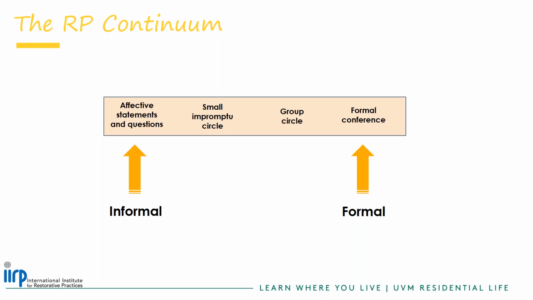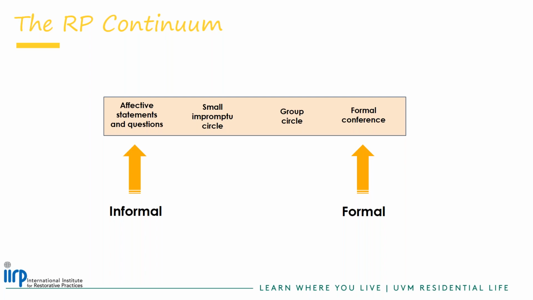So that might be, "Hey, insert RA here, I know I had to document you for being late for duty for the second time. What's coming up for you, or how did that land with you?" That question is the affective question, and then the response tends to be the affective statement, being able to say, "I was upset when you documented me, but I understand it now."